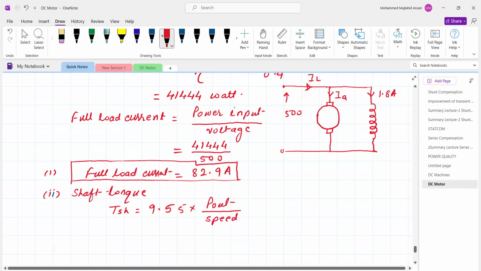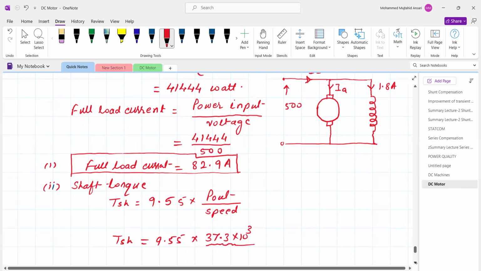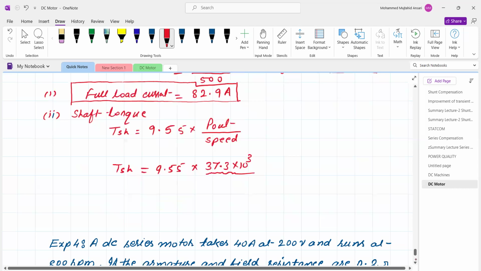So TSH is equal to 9.55 into power output as it is given 37.3 into 10 raised to 3, converting into the watt, divided by speed.